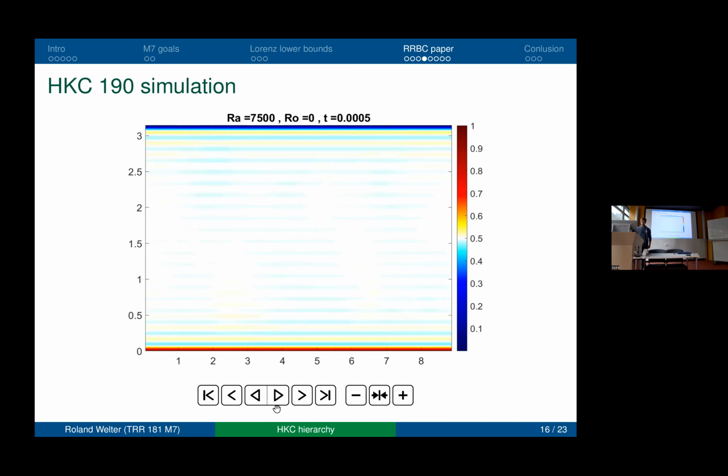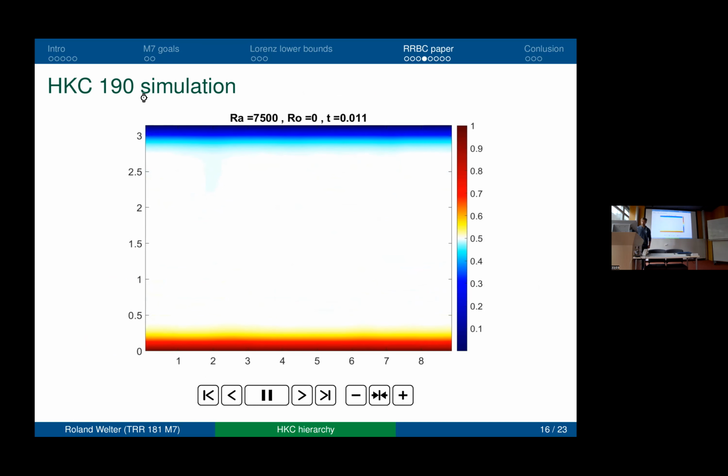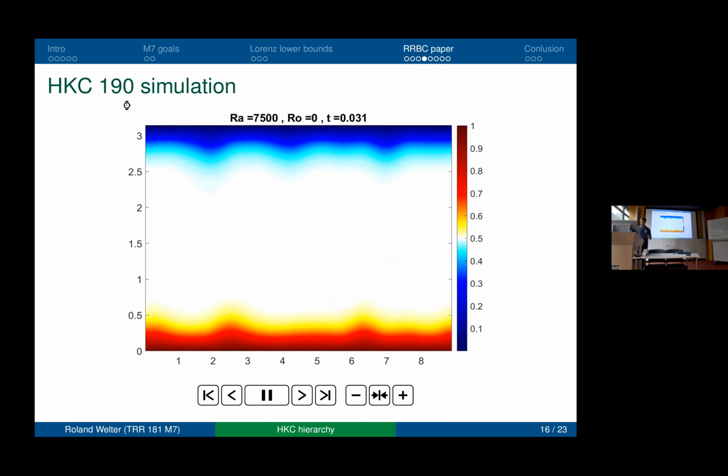And so then we can take a little look at some high dimensional models. So here we're looking at the 190th HKC model, and it should represent some nice realistic fluid flow.